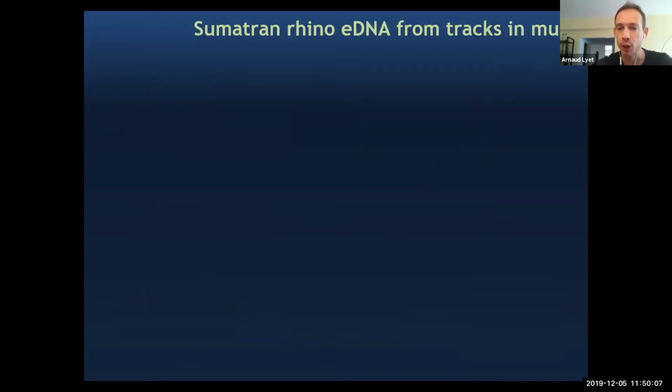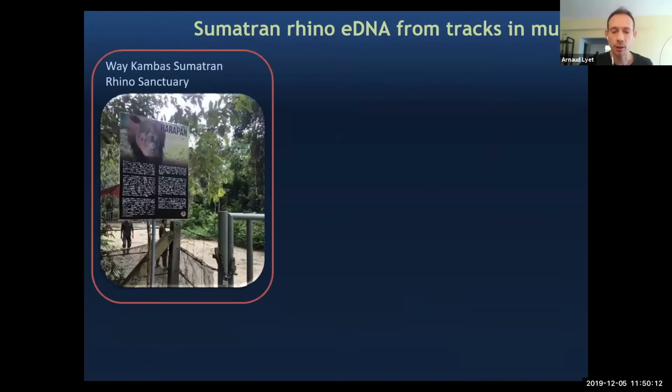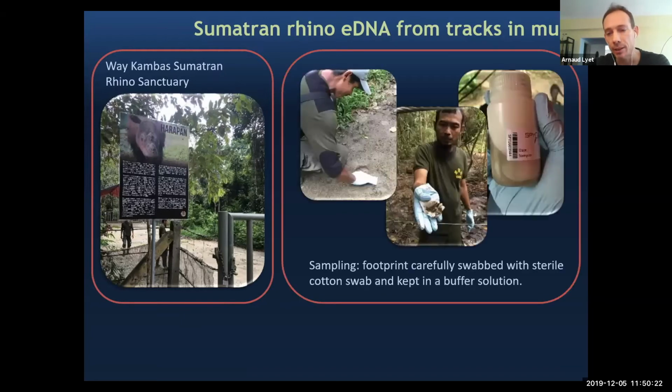We were also interested in looking at the possibility of doing that in a tropical environment. So we went to the sanctuary of the Sumatran rhino, and this time we collected not from snow but from mud.